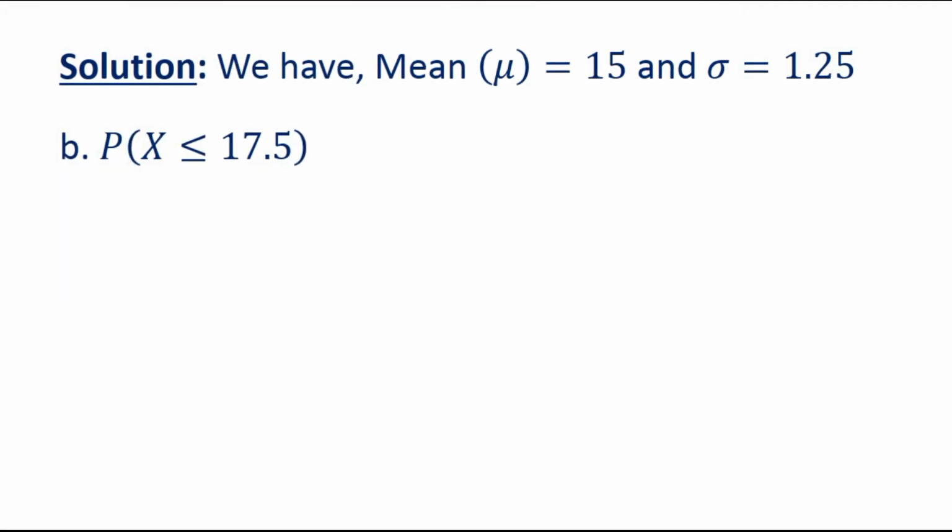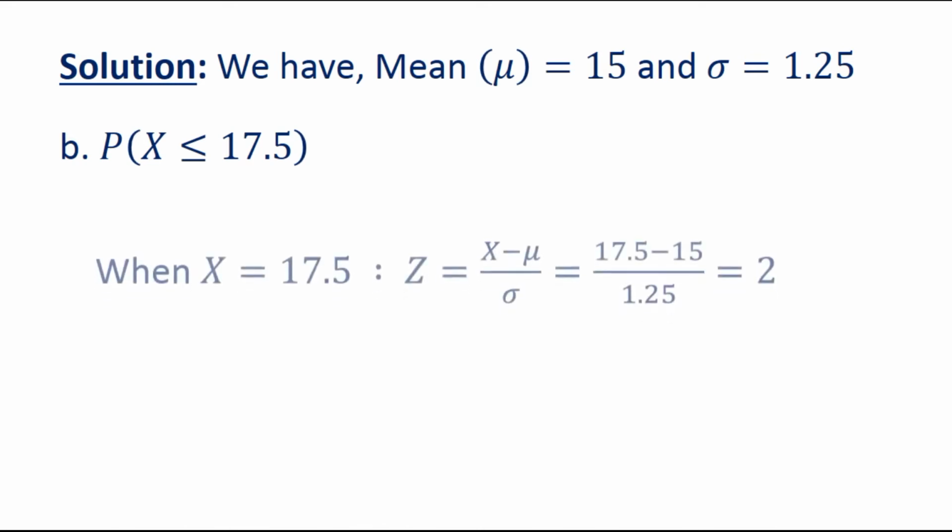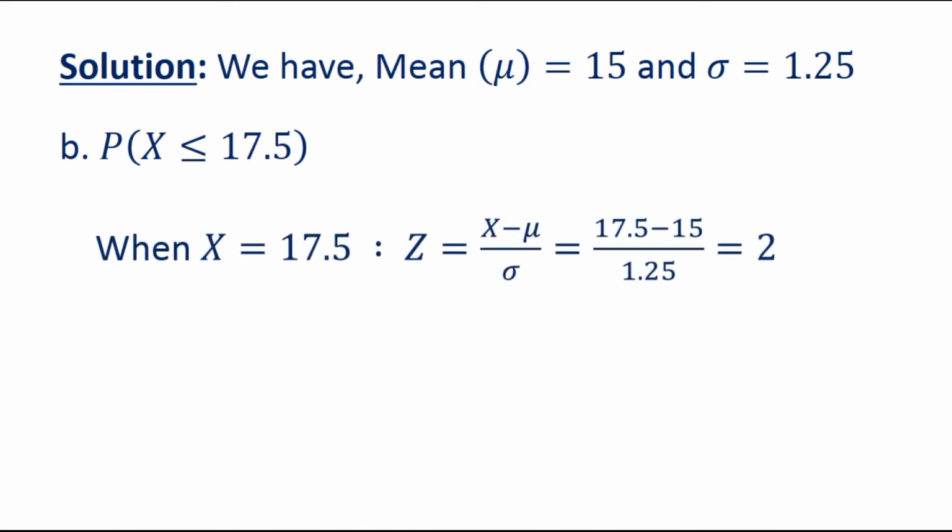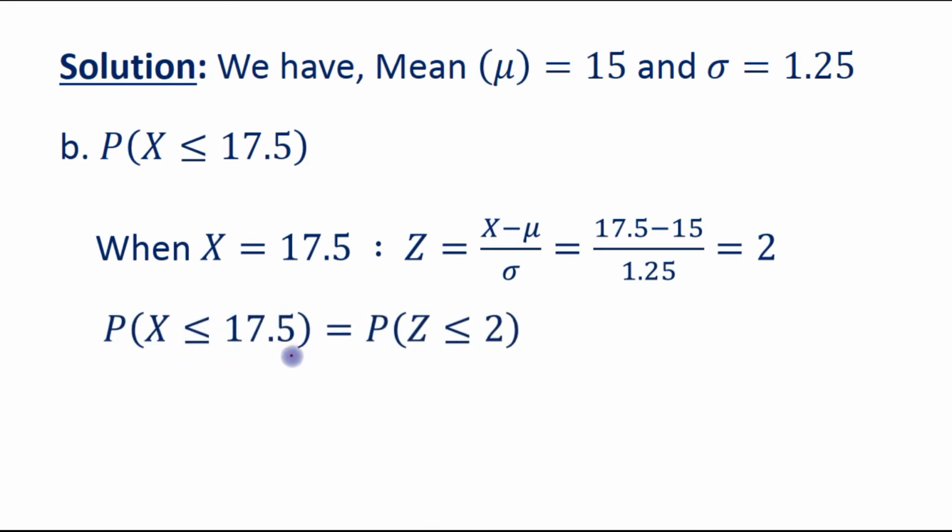Next part, probability that x is less than and equals to 17.5. So when x equals to 17.5, then Z will be 17.5 minus mu, which is 15, upon 1.25 equals to 2. Probability that x is less than and equals to 17.5 equals to probability that Z is less than and equals to 2.